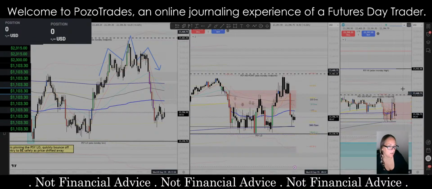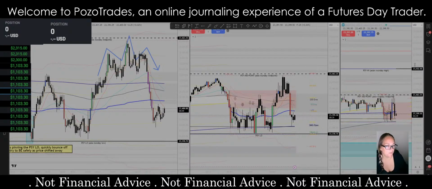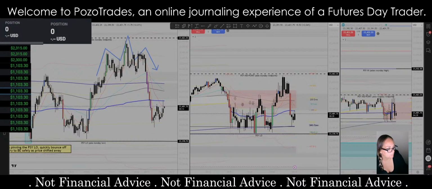Yeah, I'm not really getting anything off of this. Oh, we're not even at the top of the TDI bands either. Okay, this is funky. This is very rangy. I didn't like that wick. Let's see if they can actually get back over.